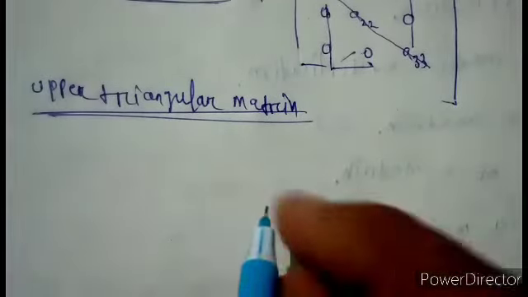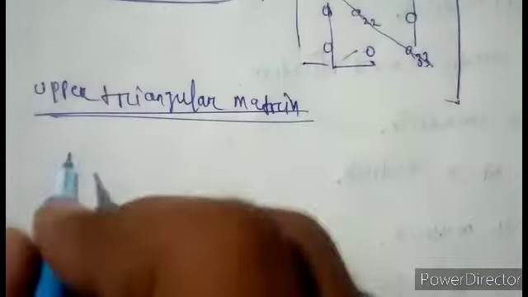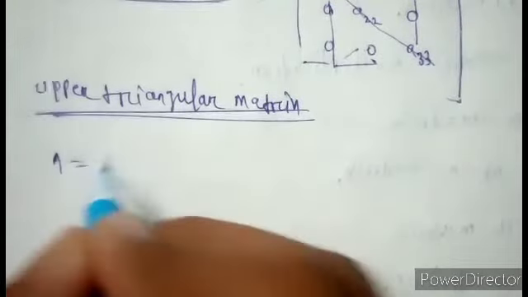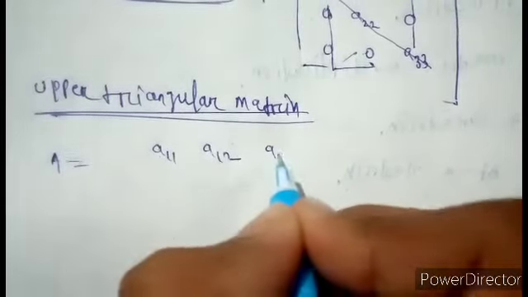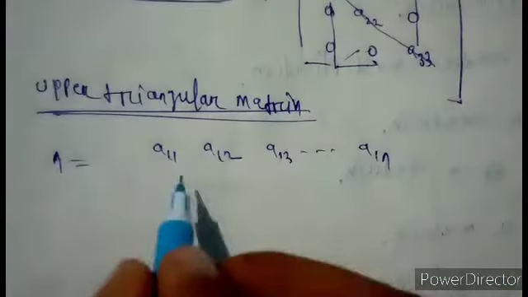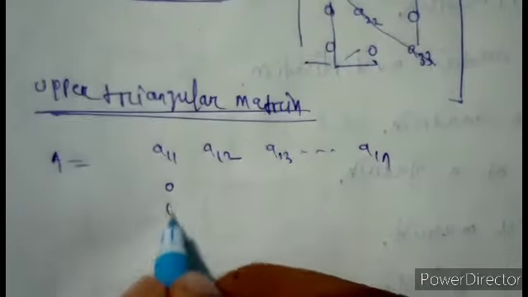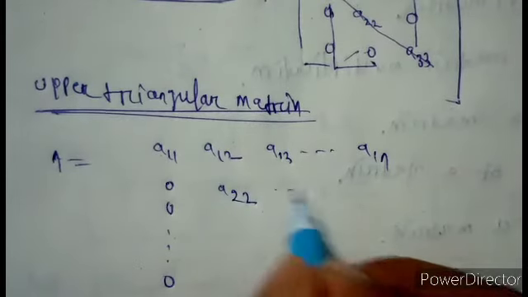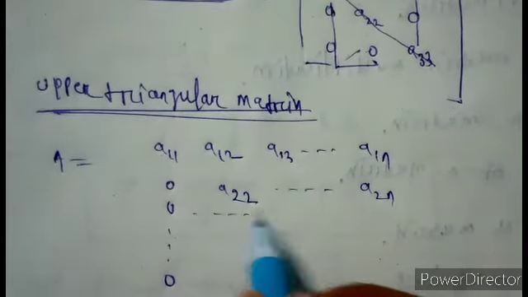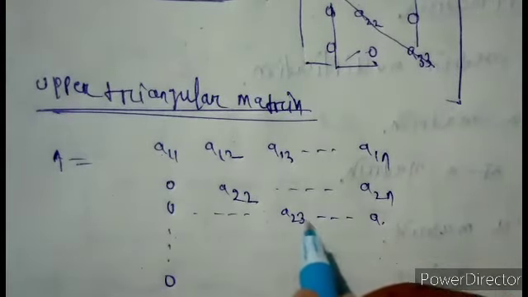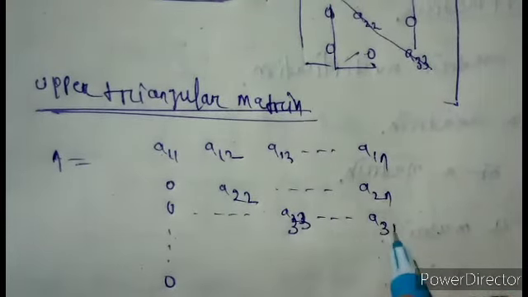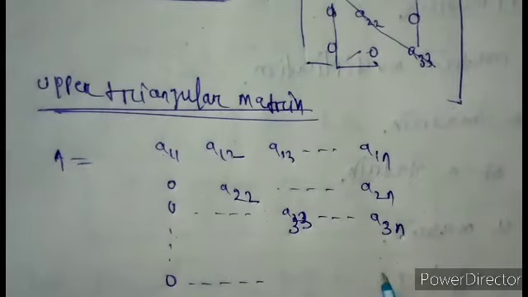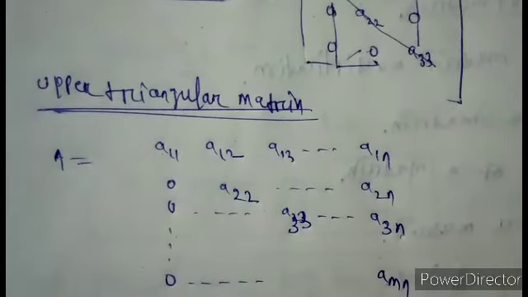A matrix with all lower diagonal entries 0. For example, A is equal to A11, A12, A13 up to A1n, then 0 0 up to 0, A22 up to A2n, A23 up to A33 up to A3n, third row and n number of columns, simply here Amn.